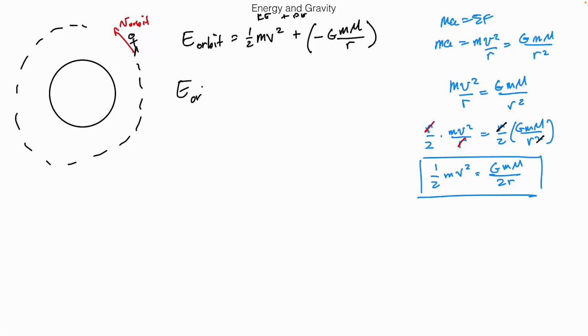Energy of an orbit is going to now be, instead of 1/2 mv squared, big G mm over 2r minus big G mm over, what do I have here? If Bob has half an apple and Sally has -1 apples, how many apples do they have? -1/2, right?